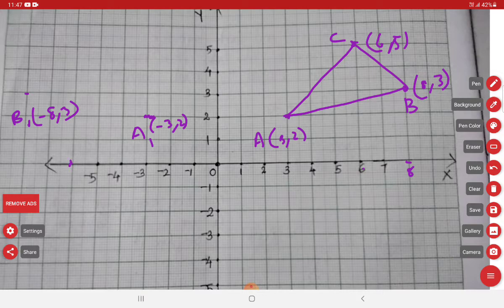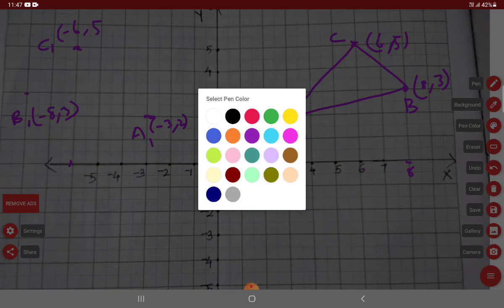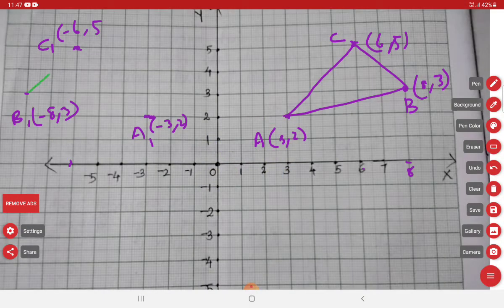Here, let it be C1. Now join them. You have to draw neatly.